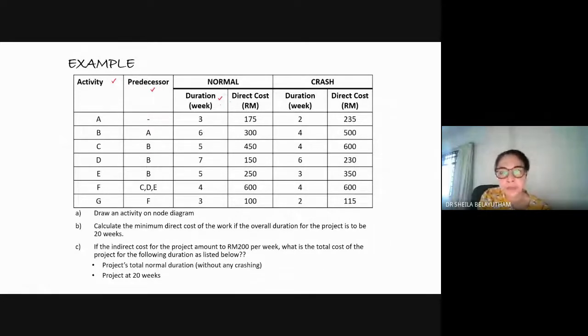Okay, so as a planner or as a project manager, you might need to derive the activities involved in your project. You need to derive the predecessor involved in your project. You need to come up with a sequence. Okay, so which activities come before which and so on. And you need to derive the duration. Okay, so this is where you need to come up with the duration which is most feasible to be done.